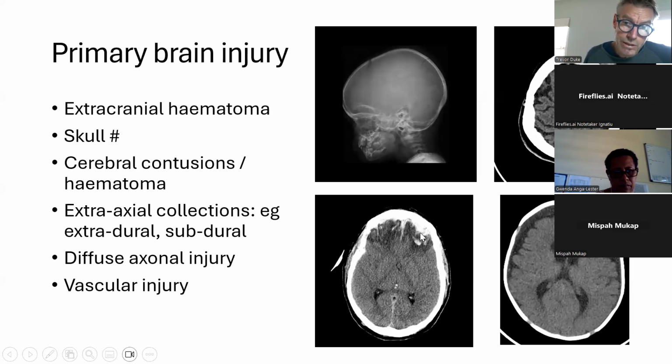That's a subdural hematoma. It's not the classic shape of a subdural hematoma, and that's because there's been a significant frontal contusion as well. So this patient has bilateral frontal contusions with edema and subdural hematoma and some intracranial contusions as well.